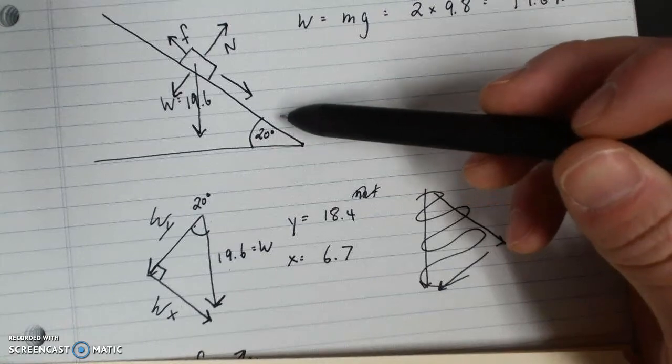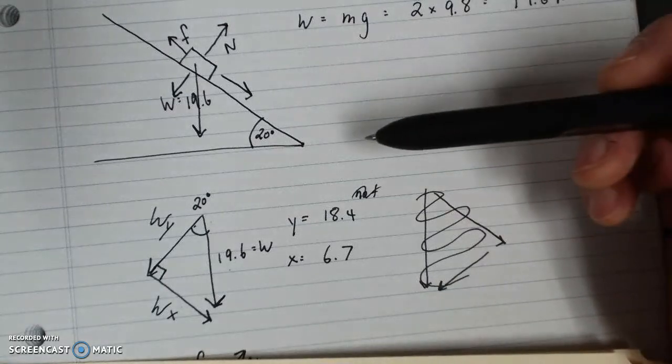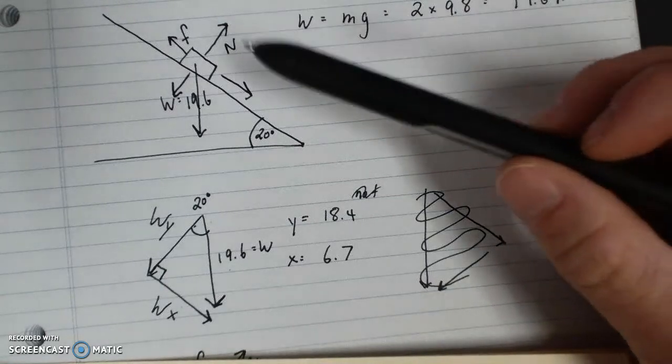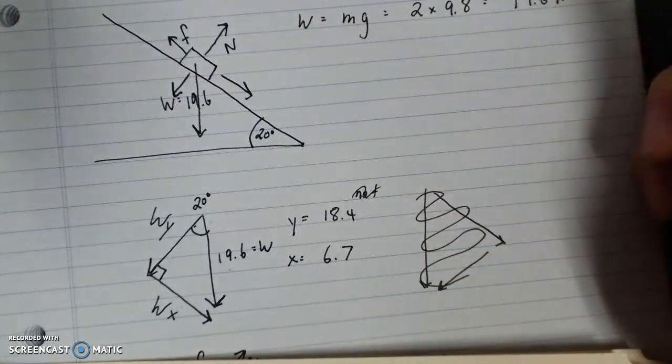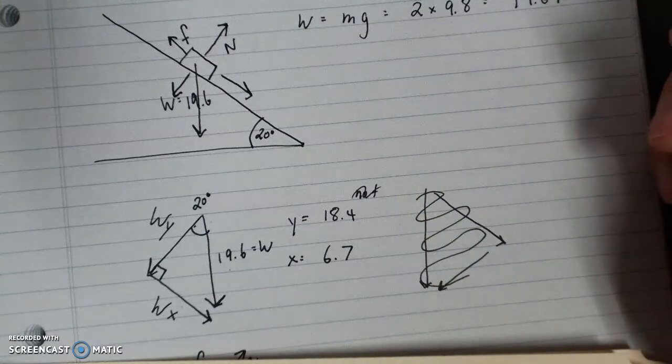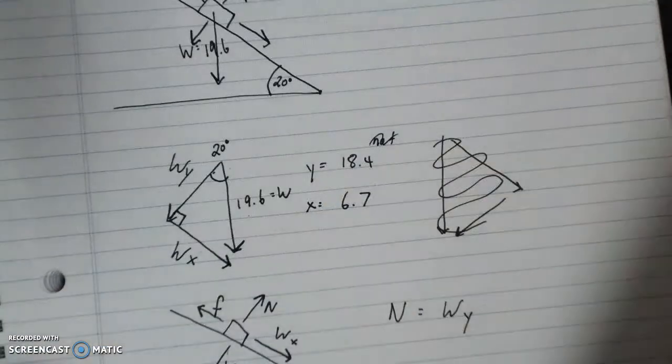As my angle approaches, let's say 45 degrees, we should have equal weight in the x dimension and weight in the y dimension. And as we get really steep, my weight force down the slope is going to start to exceed the weight force in the y dimension into the ramp, so that friction will become less and less the steeper that the ramp is tilted.